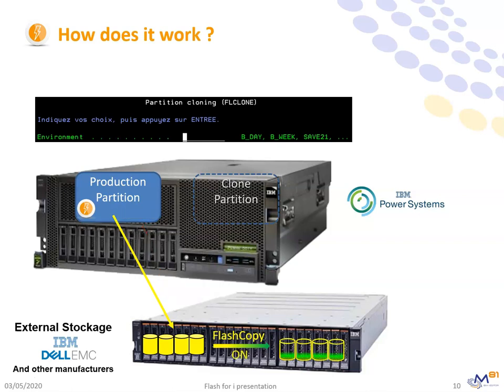Then, connect to the disk bay and start the flash copy or snapshot. This operation takes only 1 second, and the result is that the production disks are fully duplicated, immediately usable, and completely independent from the production. I know, it's hard to believe, but it works. Contact us if you want to have more details about this.